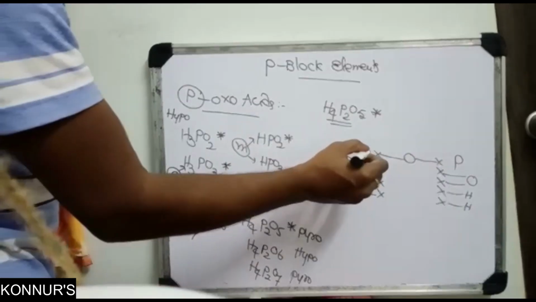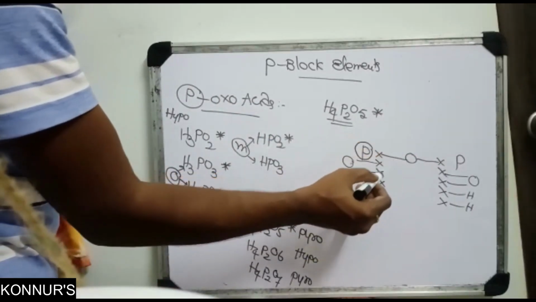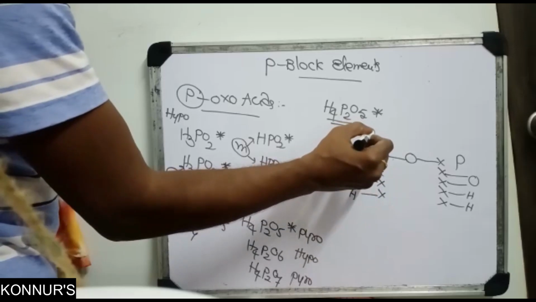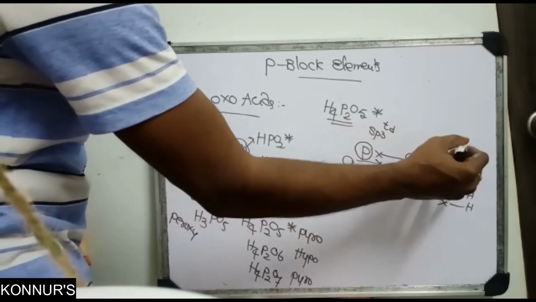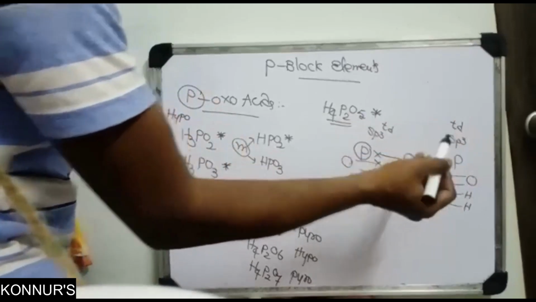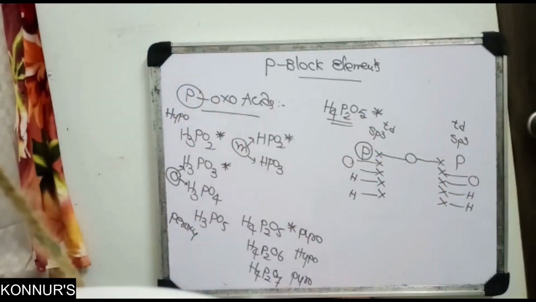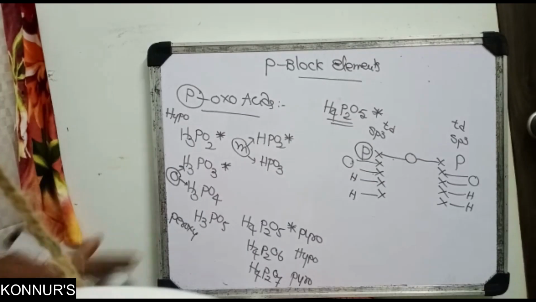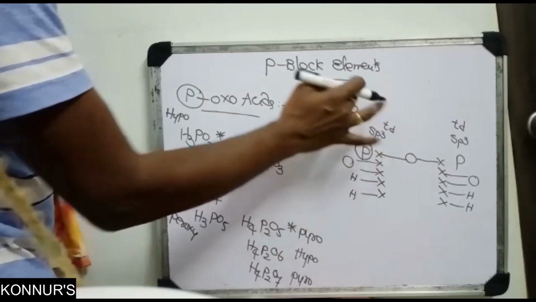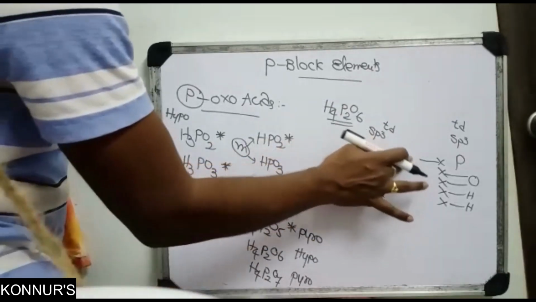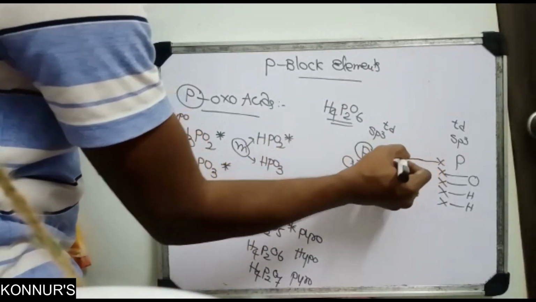So here the phosphorus hybridization: one sigma, second sigma, third, fourth. So fourth means sp3 tetrahedral. Here also sp3 tetrahedral. Next H4P2O6. It is ic acid. So there is no oxygen in this.